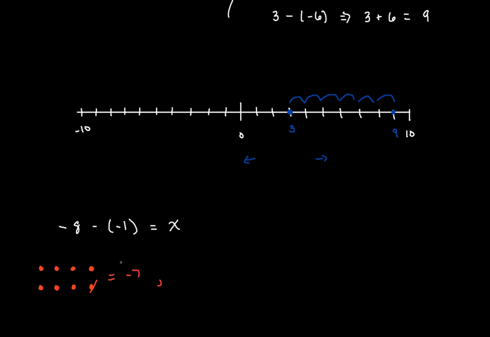We can double check our work. We said that this was the same thing as adding the opposite. So rather than doing -8 minus -1, I can also say that this is -8 plus 1. And that should also equal x, right? And if we do the same thing here, we still have those 8 dots, 1, 2, 3, 4, 5, 6, 7, 8.